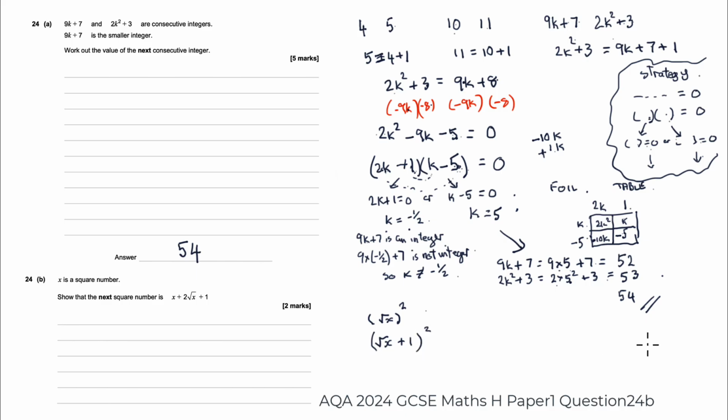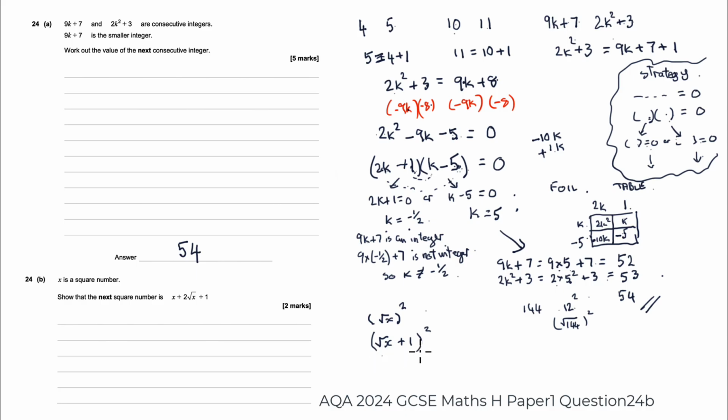I mean, suppose our square number was 144. That's 12 squared, the square root of 144 squared. The next number up would be 12 plus 1 squared. Well, that's the square root of 144 plus 1.